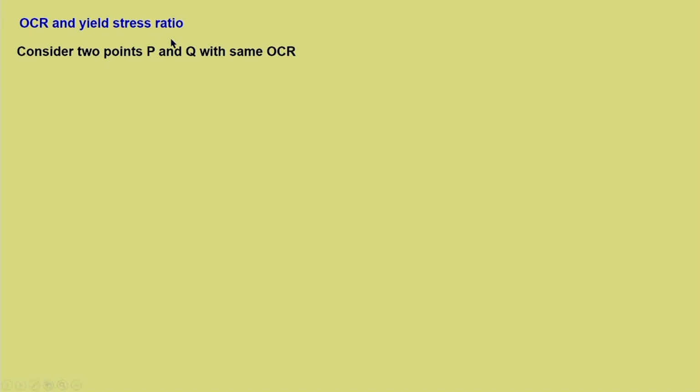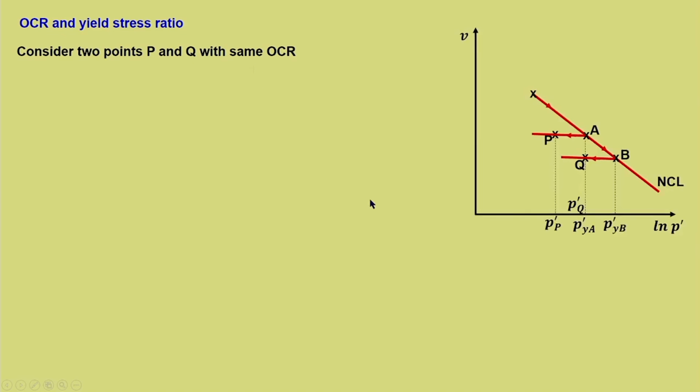Now let us understand another terminology known as yield stress ratio, and how yield stress ratio is a better parameter than over consolidation ratio. For that, let us consider two points P and Q with the same OCR.